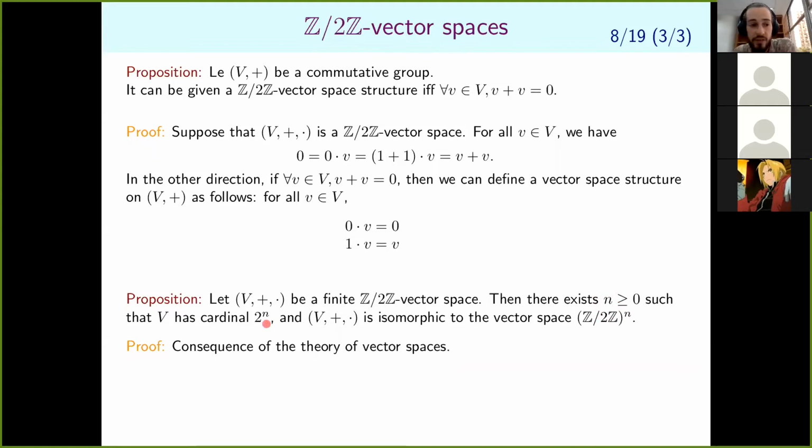And you can show that V has dimension n. As a consequence, it is isomorphic as a vector space to the vector space Z over 2Z to the n.